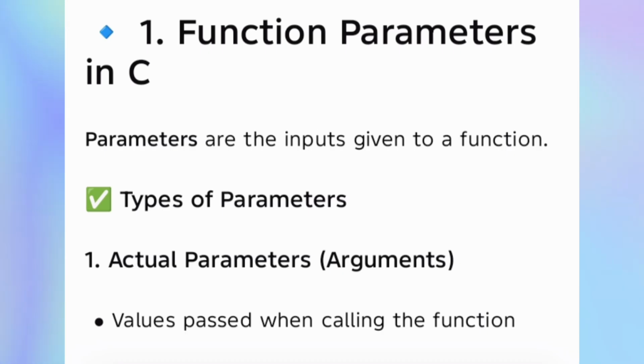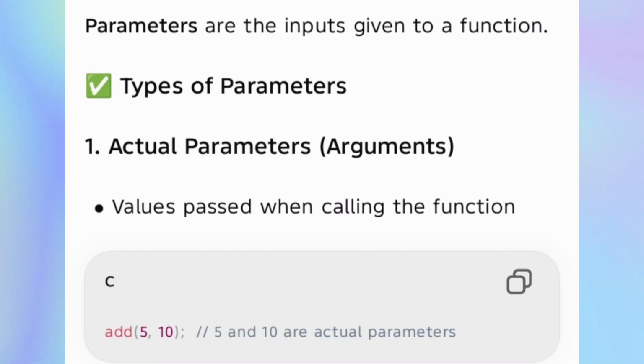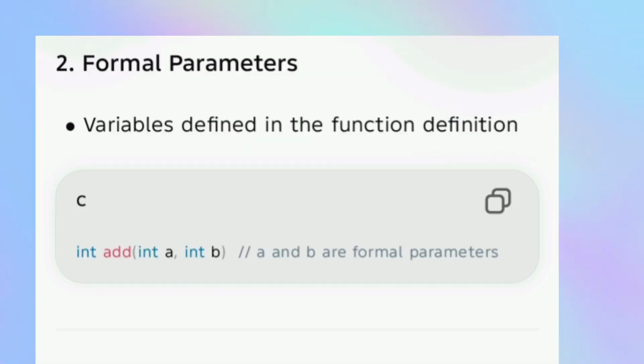Types of parameters: actual parameters, also called arguments, are the values passed when calling the function, for example add(5, 10), the value passed when calling the function.